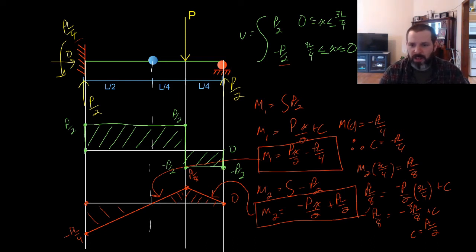If we plug L over 2 in for x in equation M1, we will get PL over 4 minus PL over 4, which is saying that at the hinge, moment is equal to 0. And that is what it had to be, because the beam cannot resist moment at that hinge at all. So internal releases give us internal conditions that we can use to solve problems.